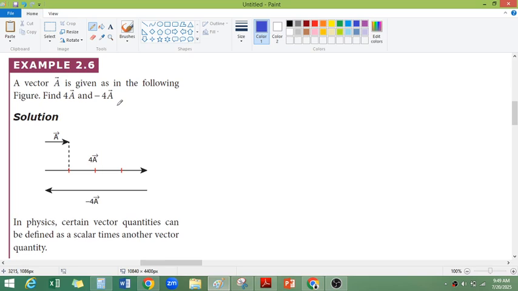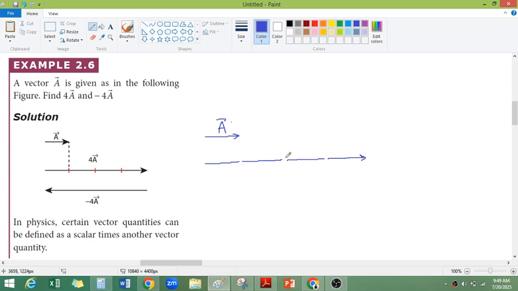Vector A is given as in the following figure. Find 4a and minus 4a. So a is given this way. As I told you, 4a means it will be in the same direction, 4 times bigger. So 1, 2, 3, 4.